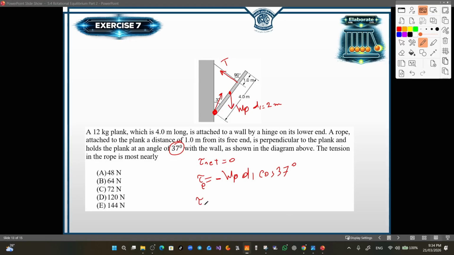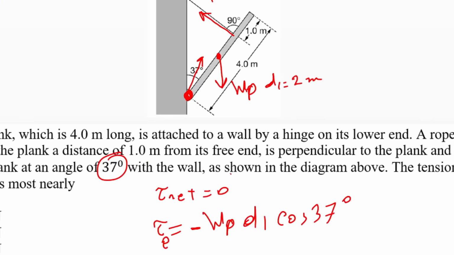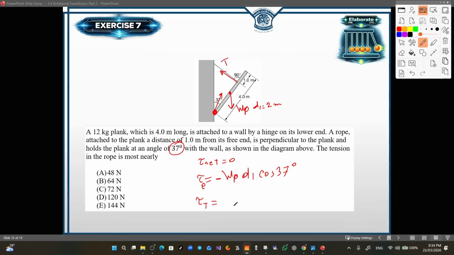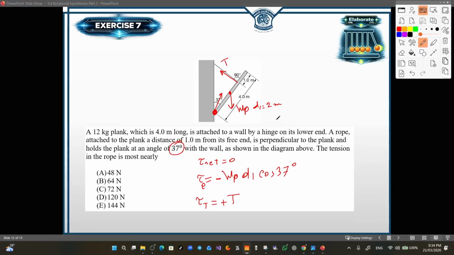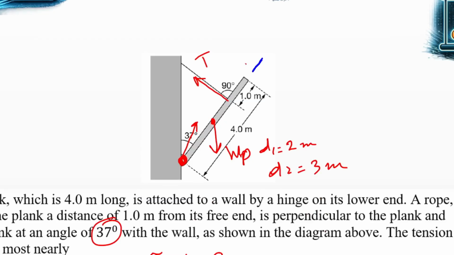Now the tau of the tension, the rotational effect will be in this way. This is counterclockwise, so plus T times the distance, and the distance from the point of application to the pivot will be 4 minus 1, 3 meters, and let's call it D2. Times the cosine of the angle between the tangential direction and the line of action of the force.